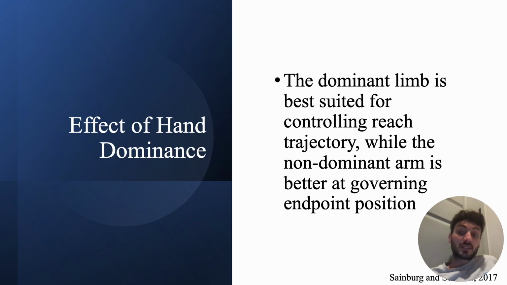Dexheimer also quotes and cites Sandberg and colleagues, another article from 2017, and they came to a very interesting conclusion that the dominant limb is best equipped for reaches that require specific trajectories and accuracy, while non-dominant, which for most Americans, about 90%, are right-handed, so non-dominant is the left arm, is better at endpoint accuracy and positioning.